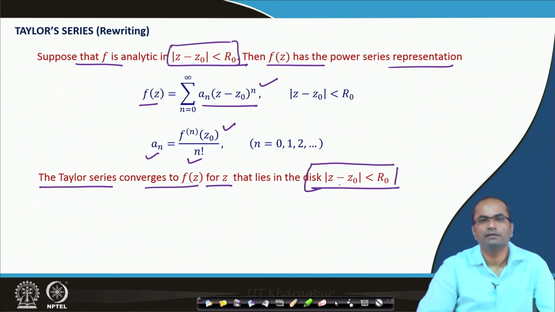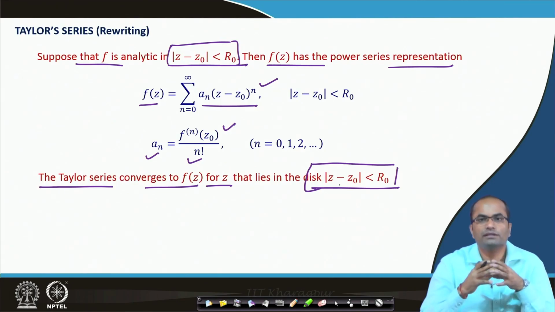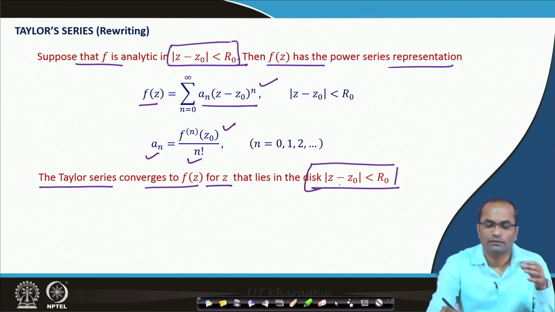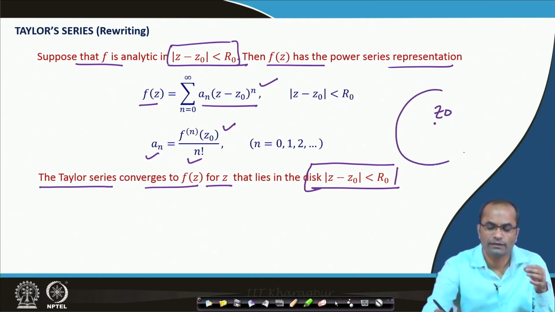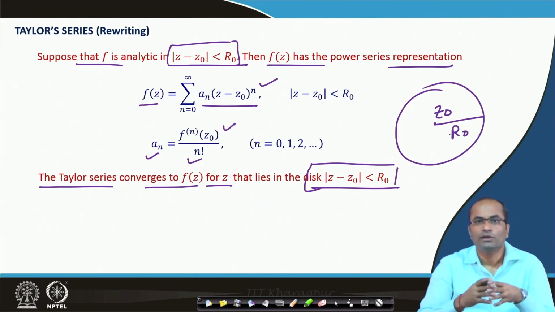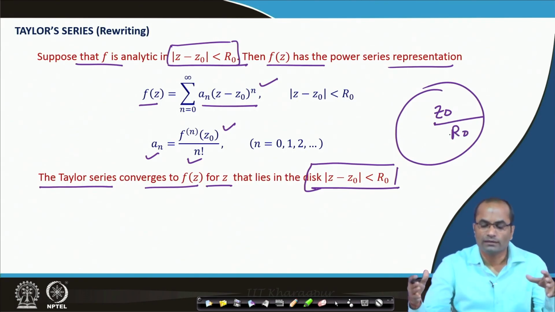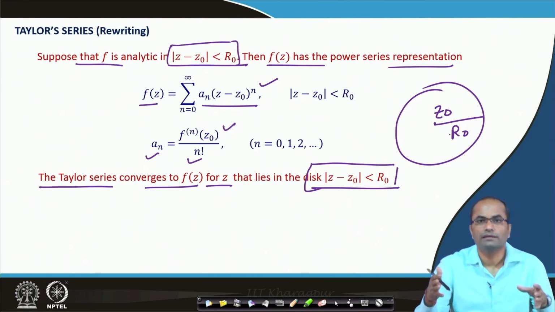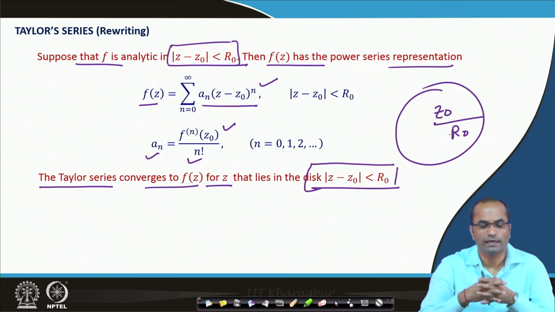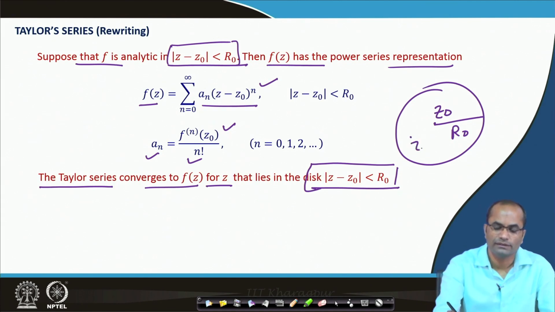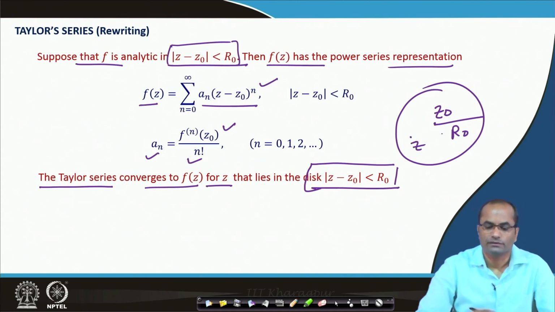So, what we learn here is that if our function is analytic in this region here with center z0, and then we have this radius which is denoted here by r0, then as far as we can go as long as we are in the region of analyticity, this Taylor series will converge for all z we take in this region.